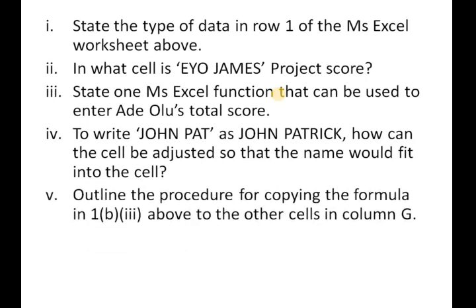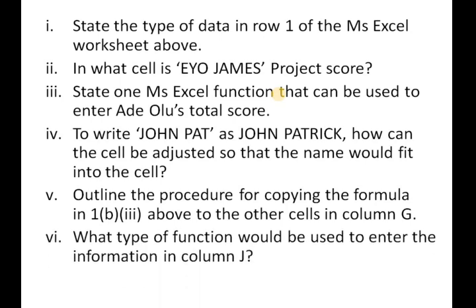Outline the procedure for copying the formula in 1BII above to the other cells in column G. What type of function will be used to enter the information in column J?